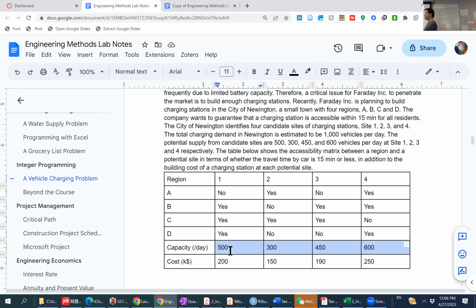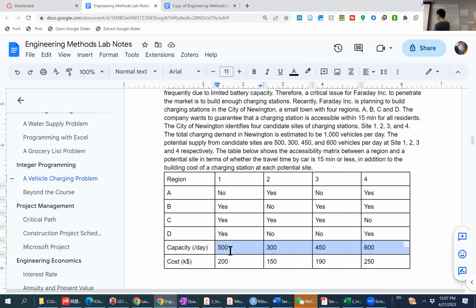So it won't help them, it's too far away. Instead, residents from region D can benefit if the site is selected at 1 or 4, but they won't be able to reach sites 2 or 3 within 15 minutes. So let's see how we can use this information to construct our constraints.